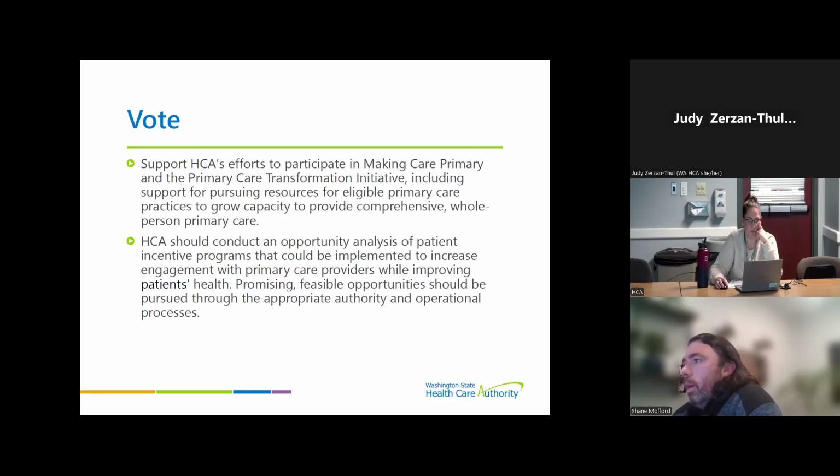We also didn't include anything around mandates for private sector insurers or commercial payers to provide incentives to patients, because those are potentially less actionable areas or less politically viable than the two in front of you.